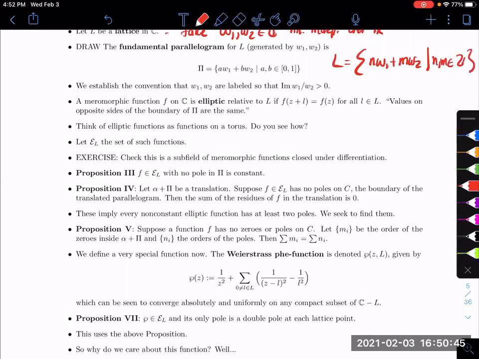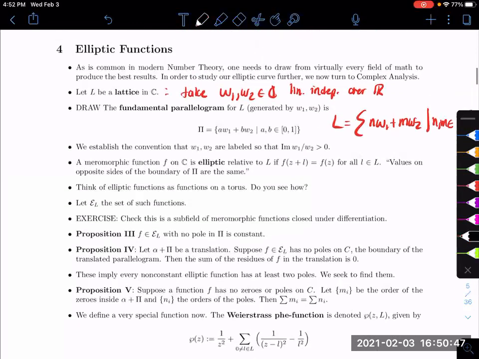Okay. So pictorially, what does this look like? Well, here's my first vector, w1. Here's my second vector, w2 maybe. So what will my lattice look like? Well, it'll basically be formed like this. I'll form this parallelogram, and then all four corners of this parallelogram will live in my lattice.